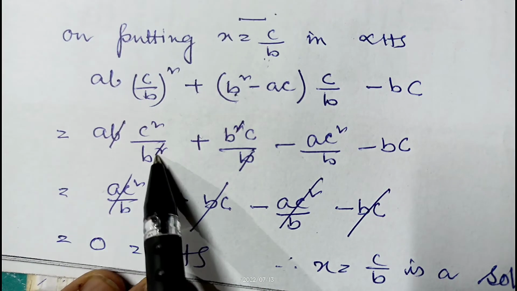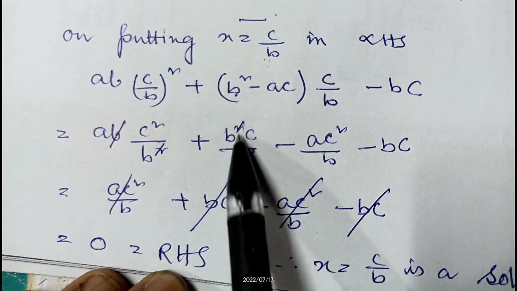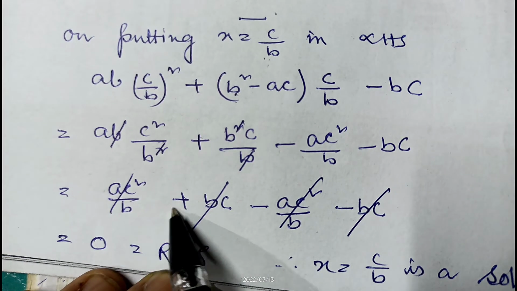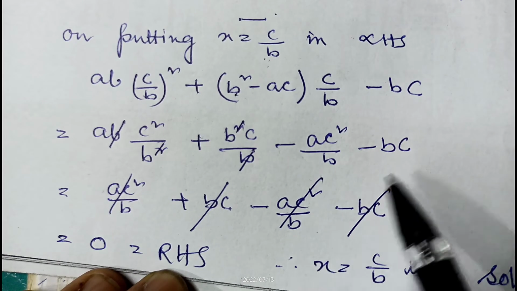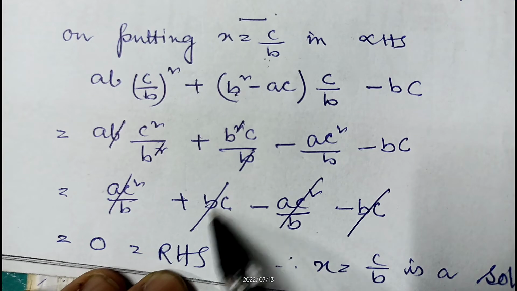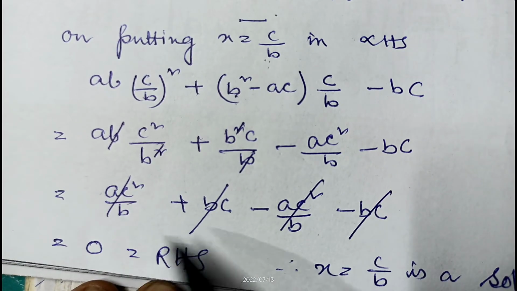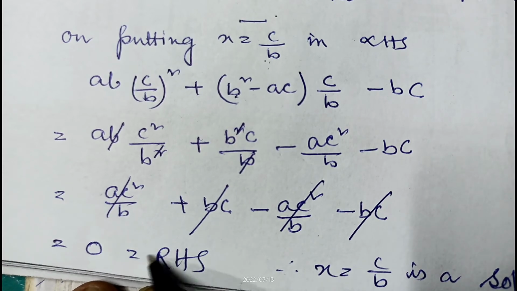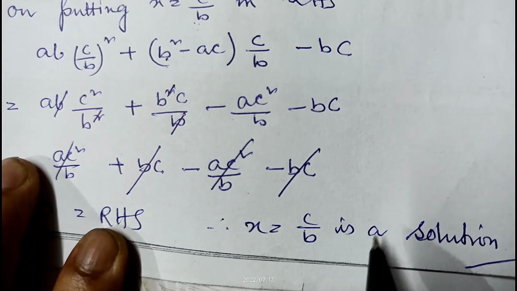So here b and b square, one b can be cancelled. So we are left with ac square by b plus bc minus ac square by b minus bc. Plus bc minus bc can be cancelled. Plus ac square by b minus ac square by b can be cancelled. So we are left with 0, which is the right hand side. Therefore x equal to c by b is also a solution.